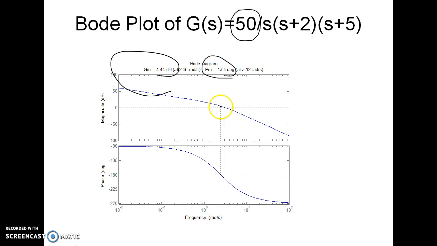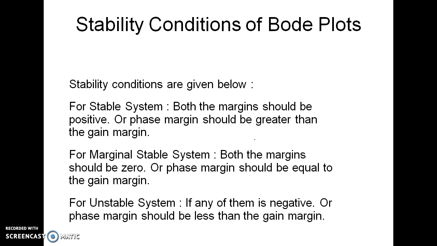The gain plot is above 0 dB and the phase plot is below minus 180. So the system would be unstable. If you draw the step response of the system, it would show you that the magnitude of the system increases unboundedly as time increases. So the system behavior is unstable.